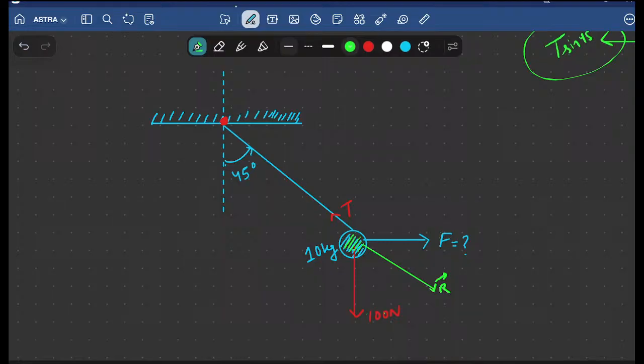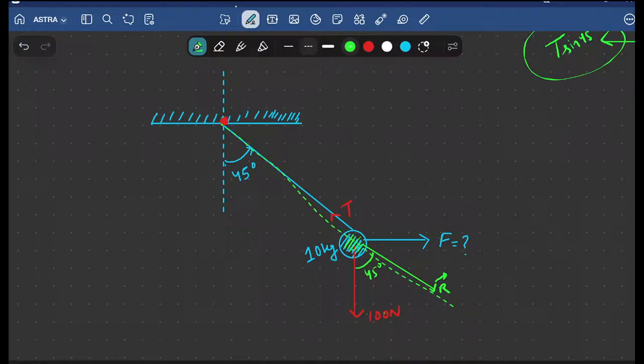Now the only thing you have to do is, if R and T are just opposite to each other, it means they are lying on the same line. If they are equal in magnitude and just opposite, they are lying on the same line. So if this is 45 degree, then this will also be 45 degree because they are lying on the same line.